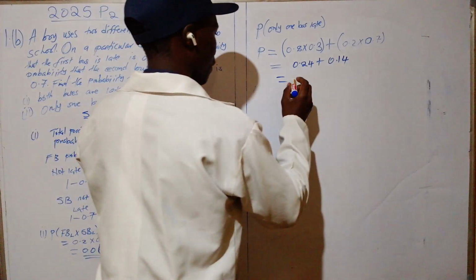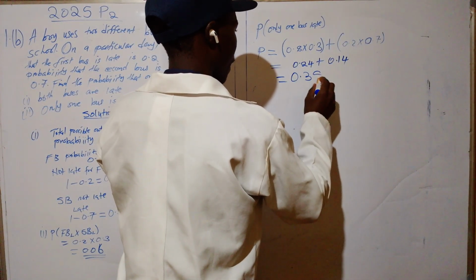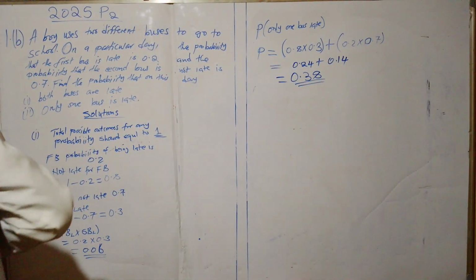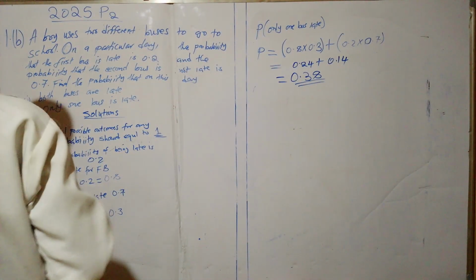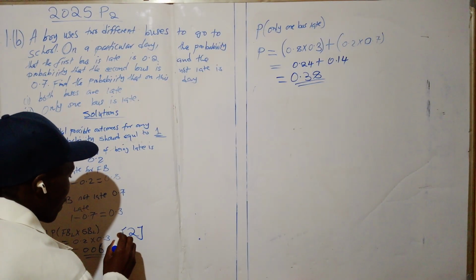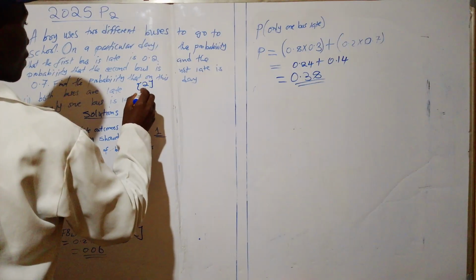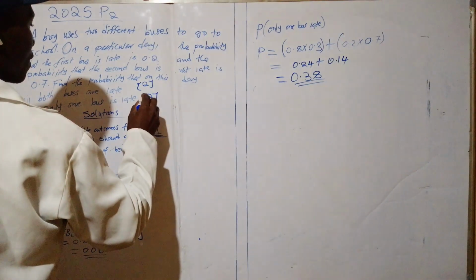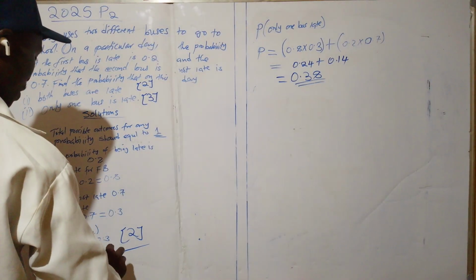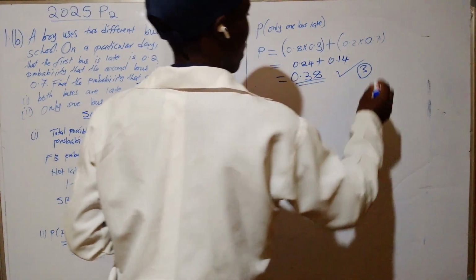So finally it gives you 0.38. So these are the probabilities. The first one had 2 marks. Then the other one is 3, so that means we're going to get 3 marks here.